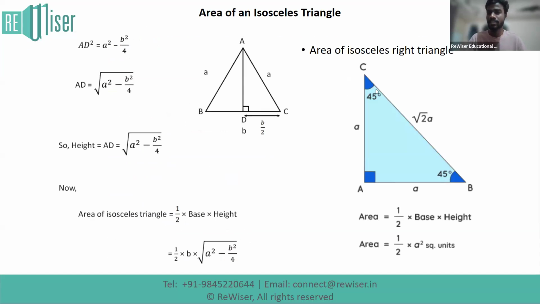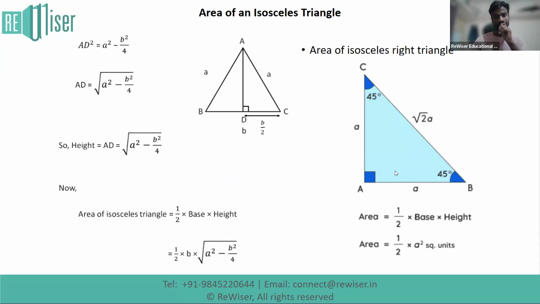Whenever you have an isosceles right triangle, by default two sides should be the same, and your hypotenuse can't be the same as one of the sides. So excluding the hypotenuse, the other two sides must be the same, and those will act as the base and the height.